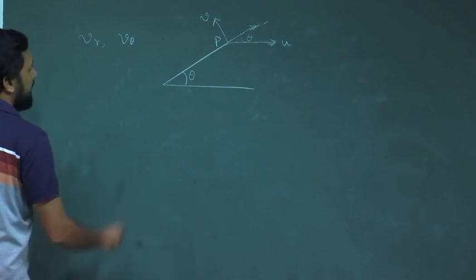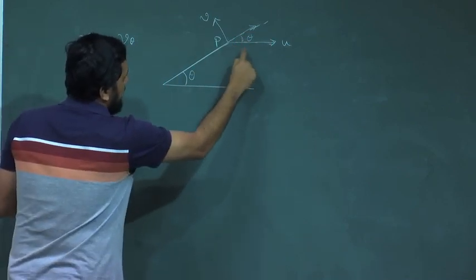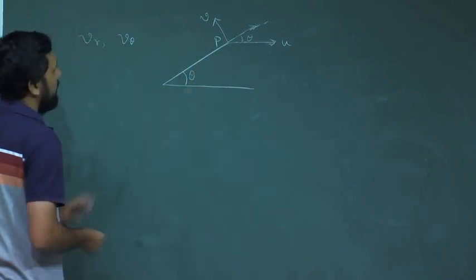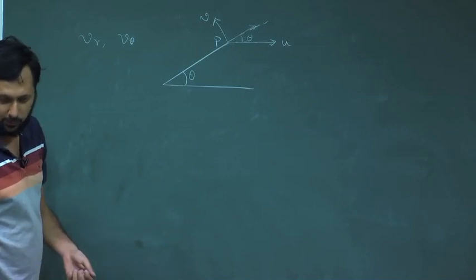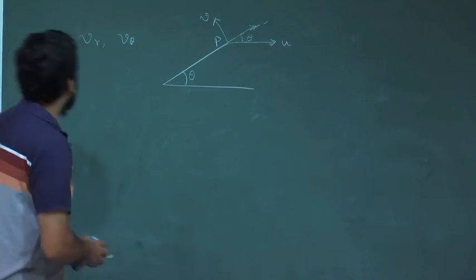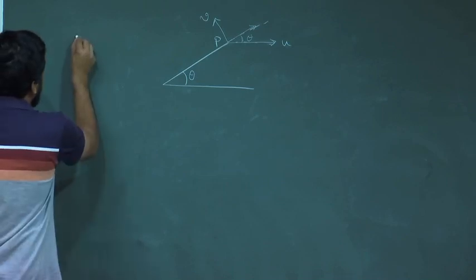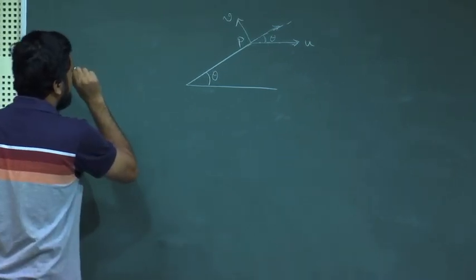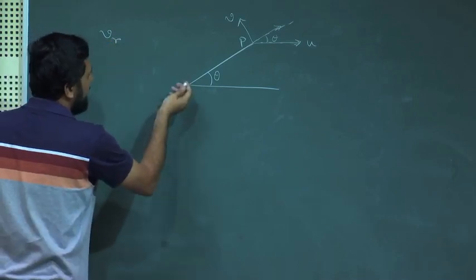Please do not get confused. u and v are two numbers, so let us call the radial velocity Vr. I think you will understand. So, Vr is the radial velocity.